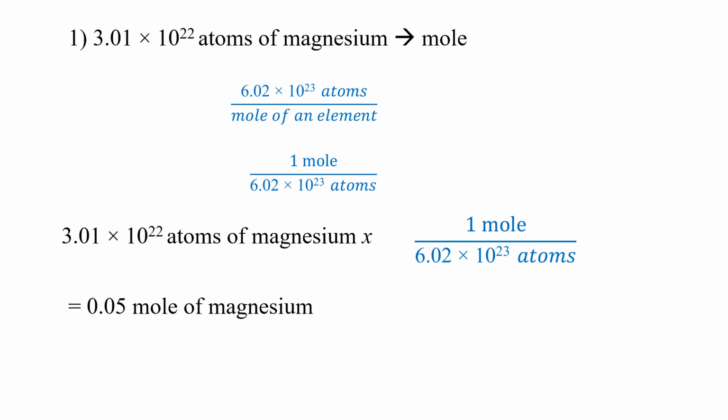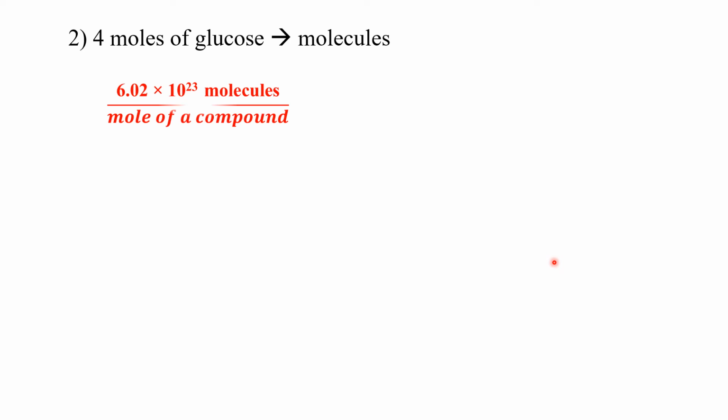Okay, next number. In the next number, what was given is 4 moles of glucose to be converted to molecules. So again, these are your factors. This time, you need to get rid of mole and leave behind molecules.